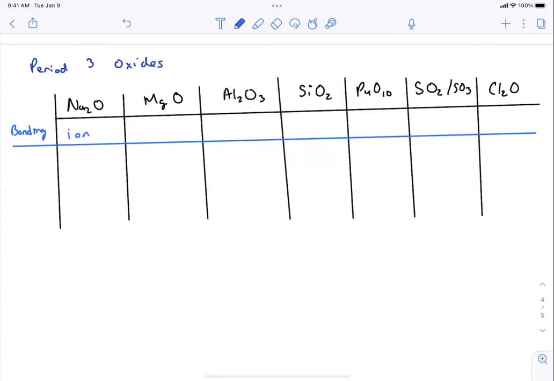It's not a trick question, y'all. Now, SiO2 is a unique substance which is giant covalent or network covalent. So it's a network of bonds and there are no individual molecules that exist. It's just this giant network covalent substance. And the other ones here are all covalent. So notice as you get more and more non-metallic, you stray toward covalent bonding versus ionic bonding. That's an important aspect of this.